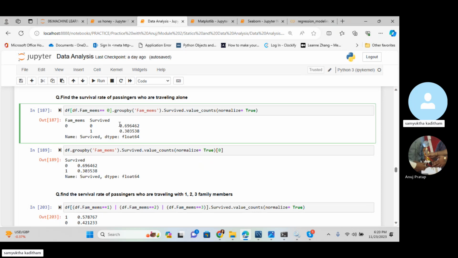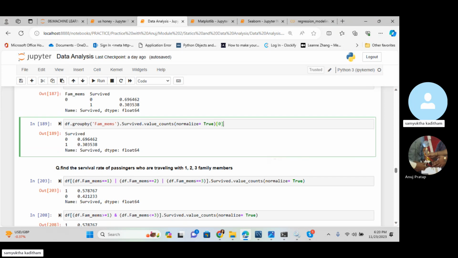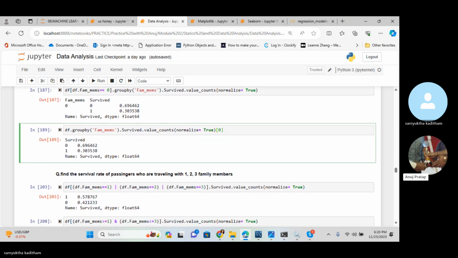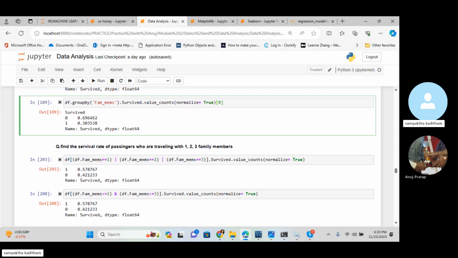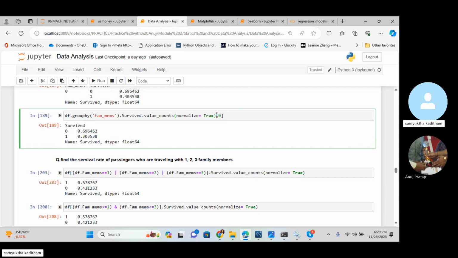We group by the family members, then take the value counts of survival, and it will give the counts. Then we also calculate normalize, which gives the percentage.